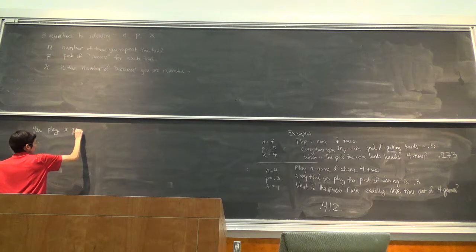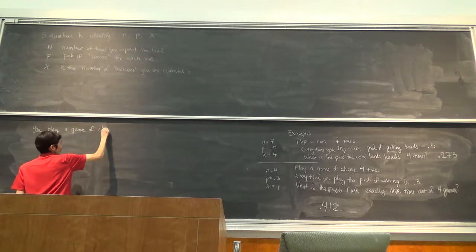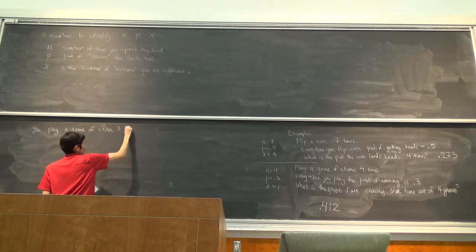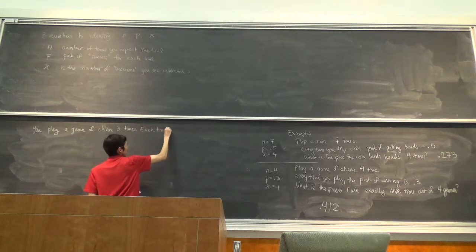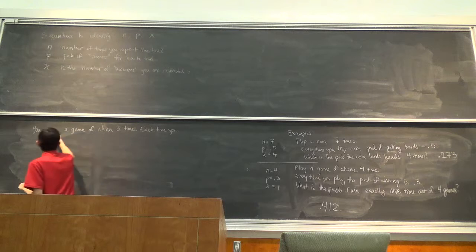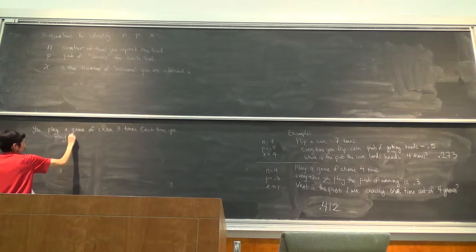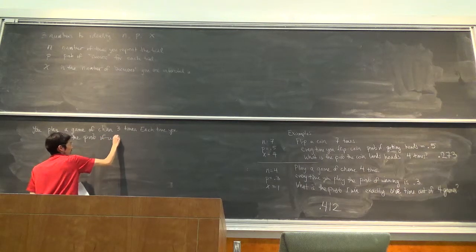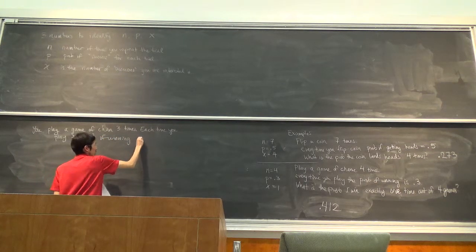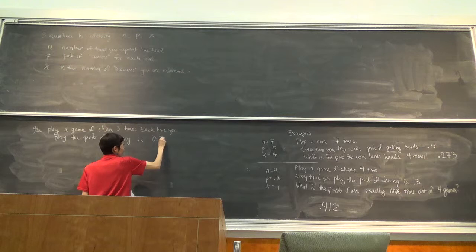Play a game of chance 3 times. Each time you play, probability of winning is 0.7.